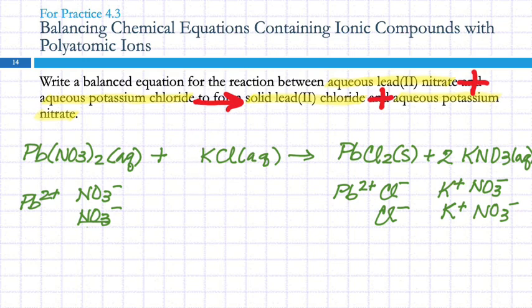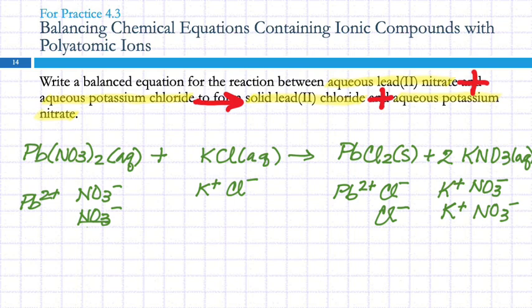How many potassiums on this side? Just this one, right? K plus and Cl minus. Over here, now, because I was balancing the nitrate, now I have 2 potassiums.